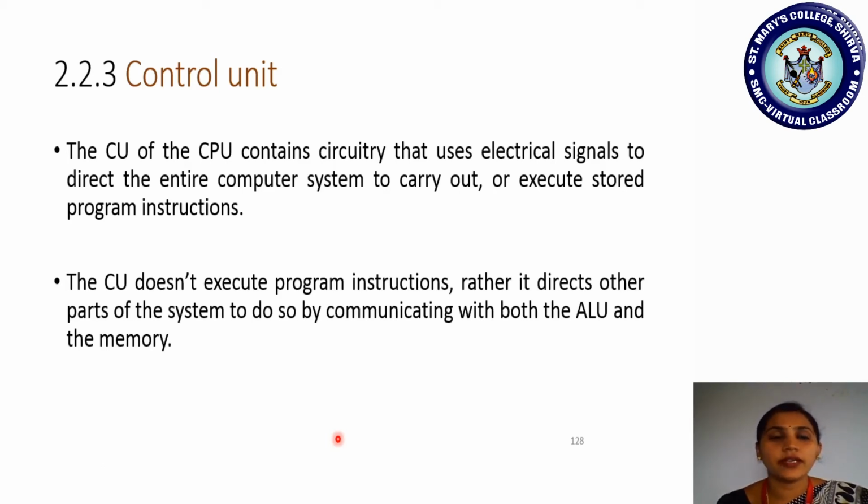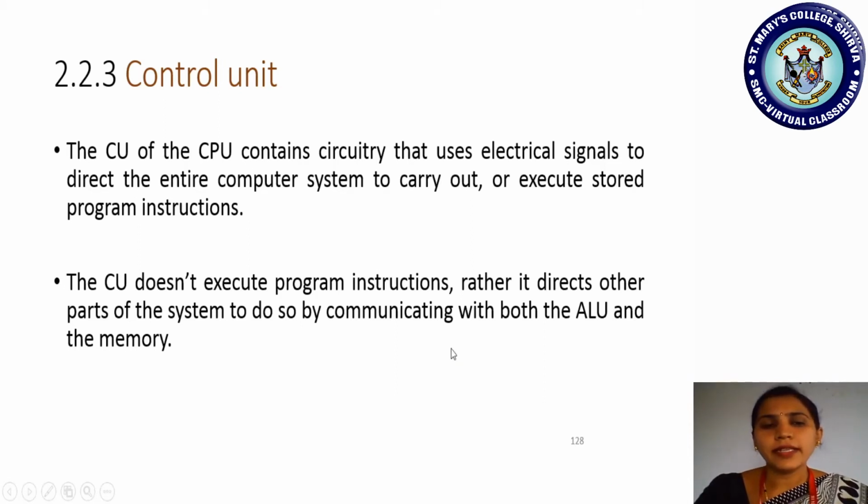The control unit. And the control unit doesn't execute program instructions; rather it directs other parts of the system to do so by communicating with both the ALU and memory. So as an individual component, the control unit by itself doesn't do any work. Instead, it tries to monitor the other parts.